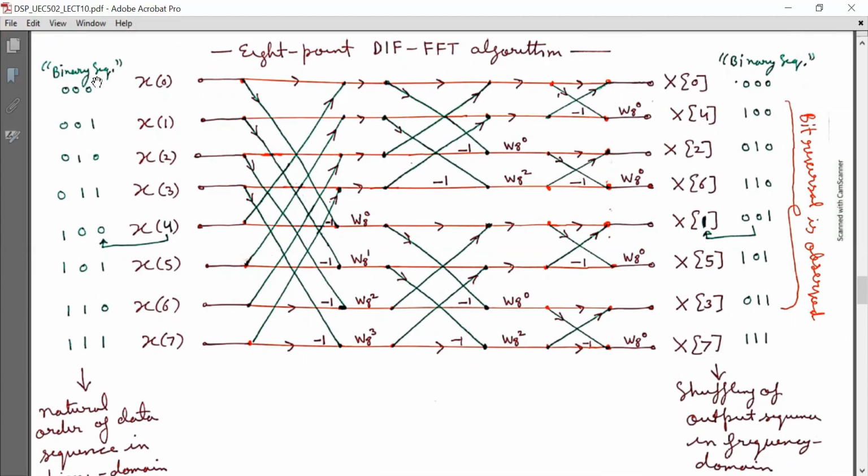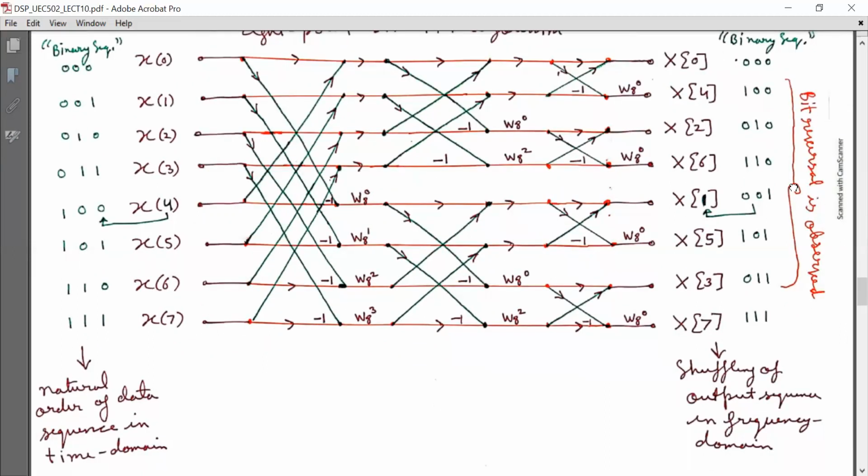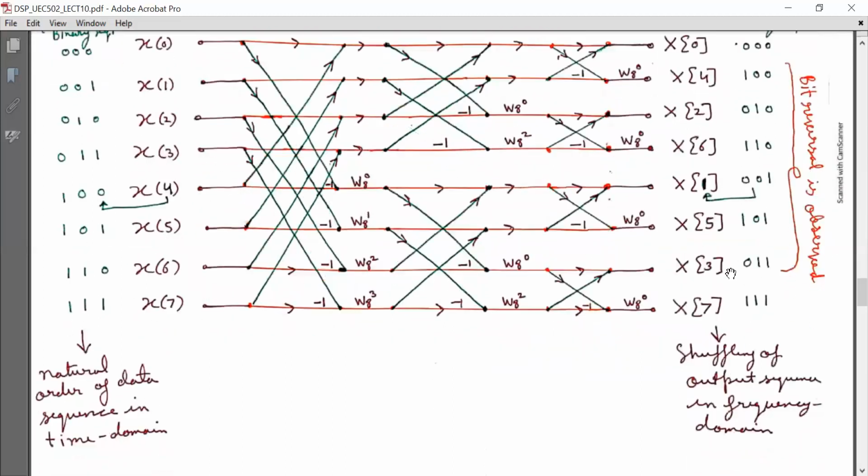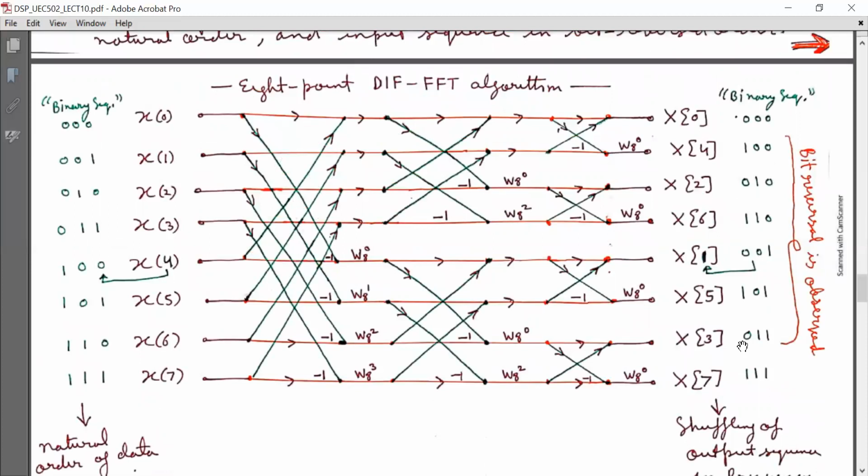If I look at the binary sequences of indexes at input and output, I observe a bit reversal. The same phenomenon was occurring in the DIT FFT algorithm. So this is how we calculate the 8-point DFT through the 8-point DIF FFT radix 2 algorithm.